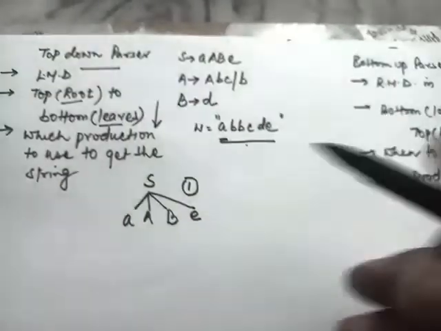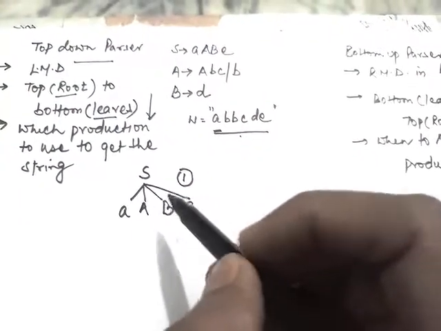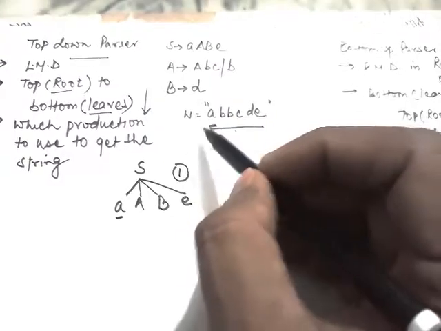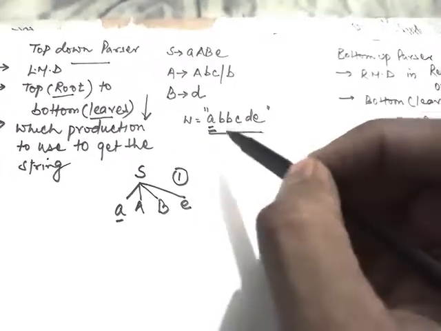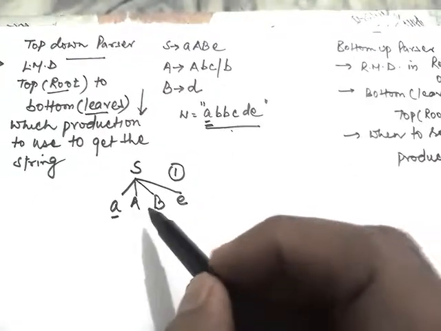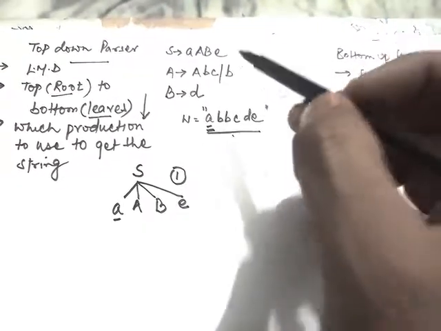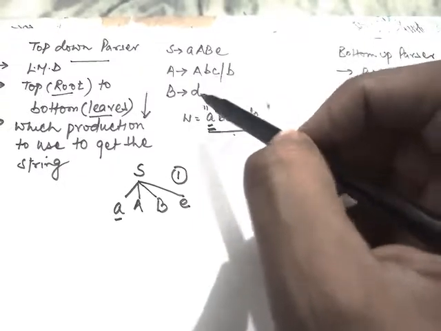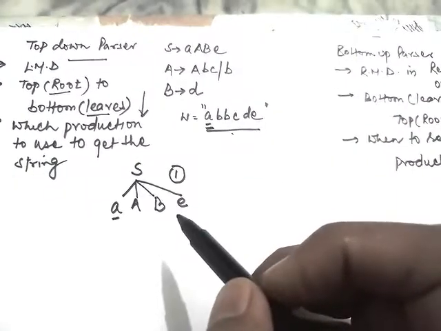Now the second thing is, now we need A, so we got the A. Again we have to think about which production I can use to get this desired string.